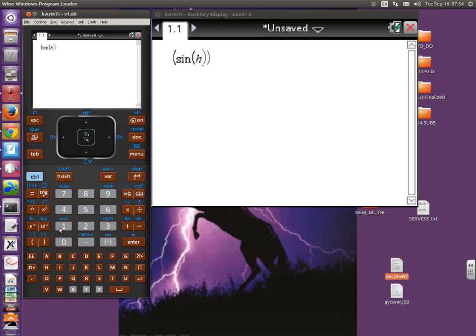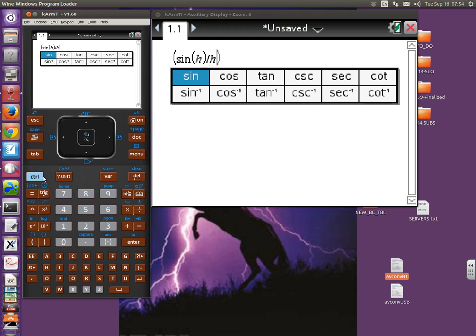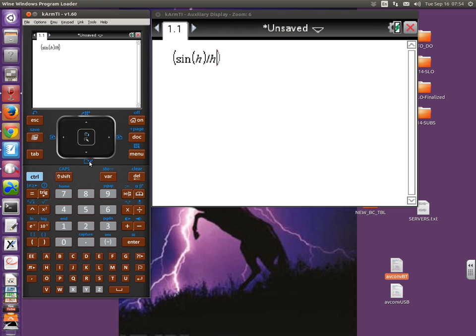I did it in terms of x yesterday, I think, right? Let's see, all over h, and take that. Close it. I guess I didn't really need the parentheses. I thought I had a more complicated numerator.